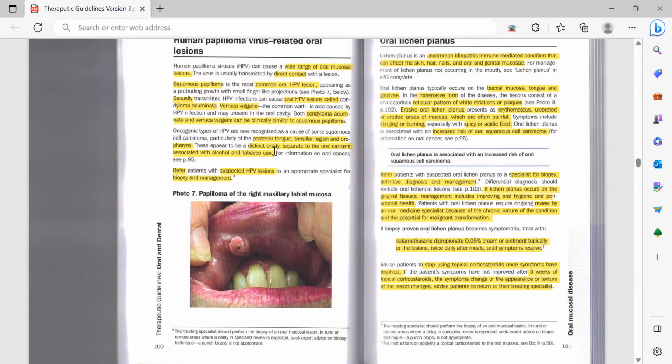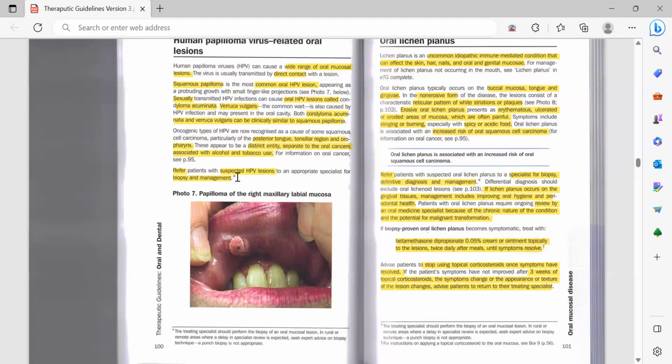But they also stated that certain types of HPV could also lead to this cancer, and this presentation is different from the classical presentation of oral squamous cell carcinoma caused by alcohol and tobacco use. Then refer patients with suspected HPV lesions to an appropriate specialist for biopsy and management. That's the reason we need to refer the patient for the biopsy and management.